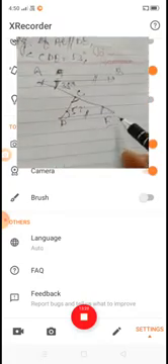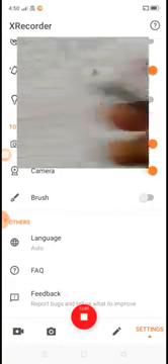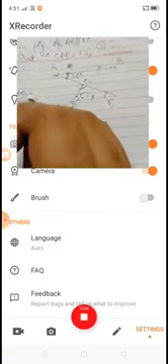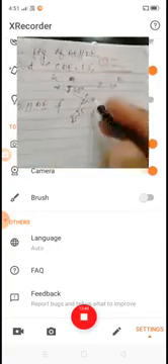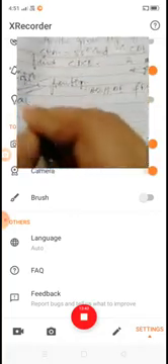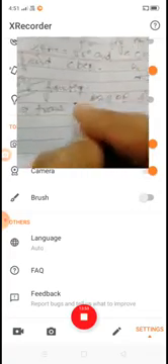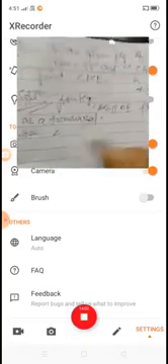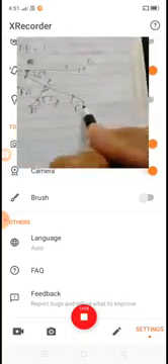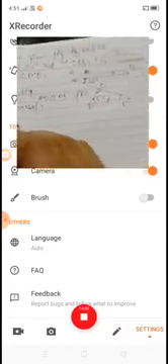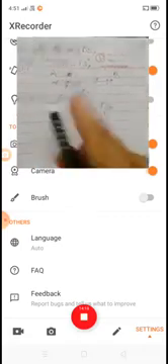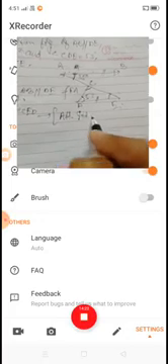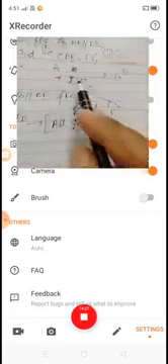So angle BAE is always equal to angle CED, because these are alternate interior angles, and we know that alternate interior angles are equal to each other.